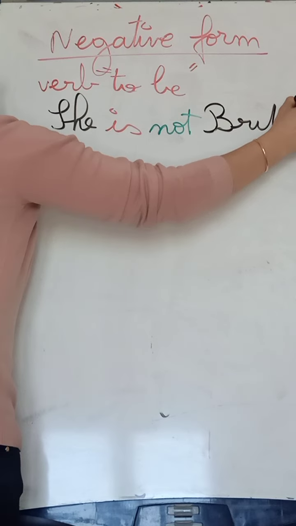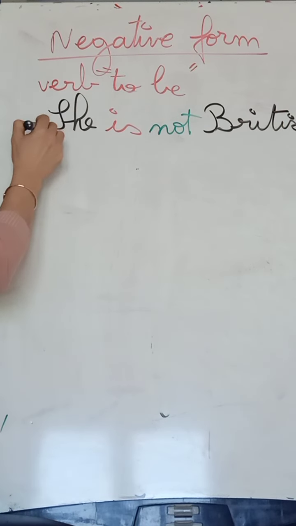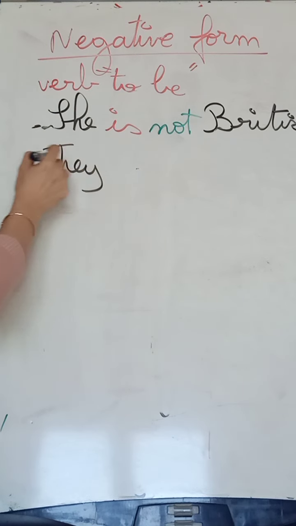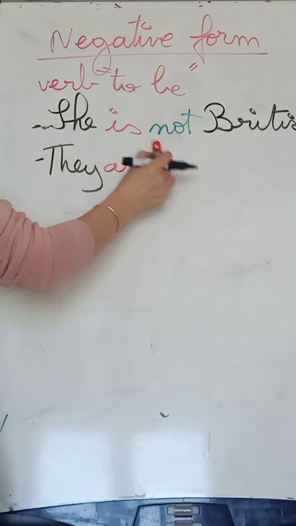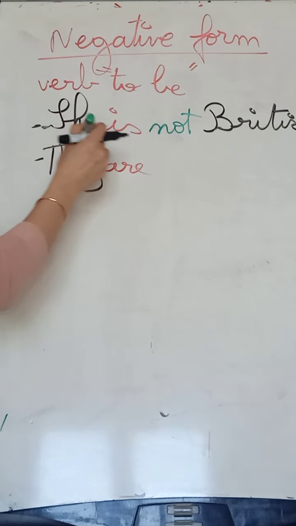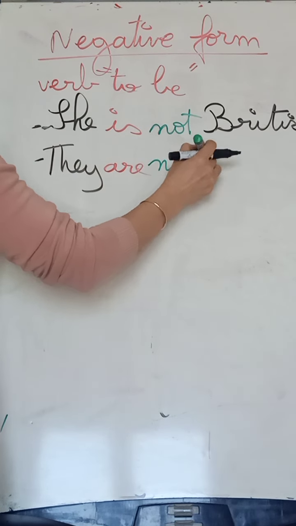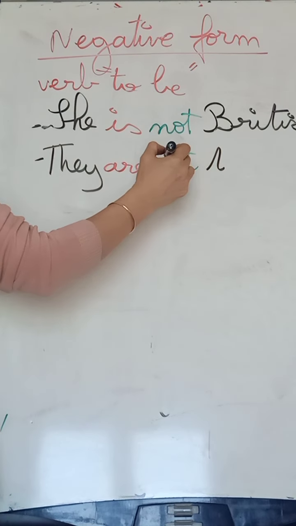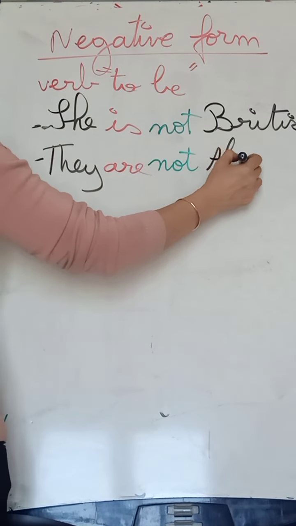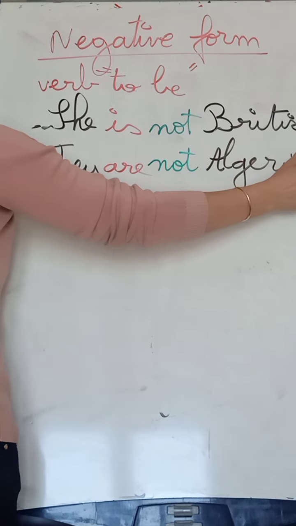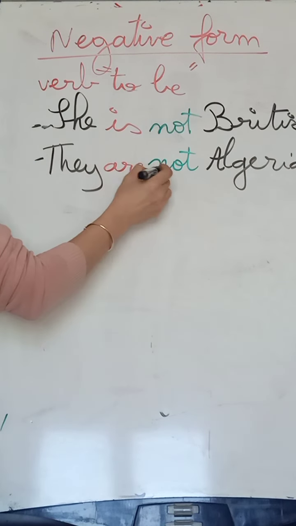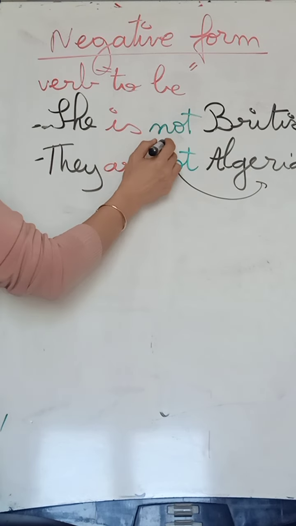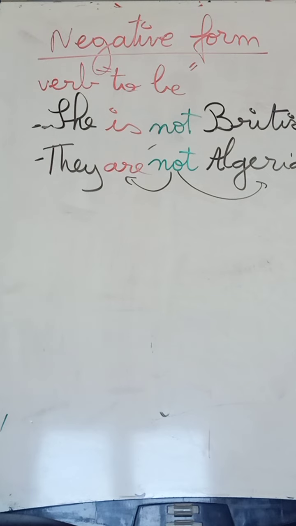Here, they are not Algerians. For example, they are not Algerians. Okay. Notice that I use not between verb to be and the noun. Here not, I use after verb to be.